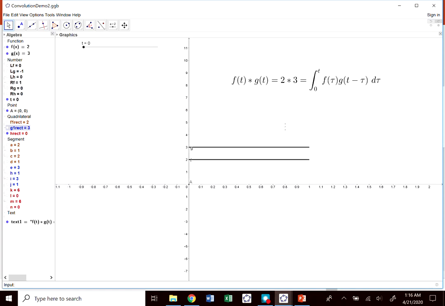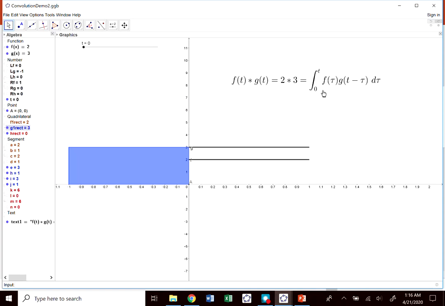Okay. So for that, this is what I have done. Not only have I done a negative reflection, but also made a rectangle out of it. Okay. So this, just the top line itself, is g of 0 minus tau. Cool. Just the top line of this blue rectangle is g of 0 minus tau.